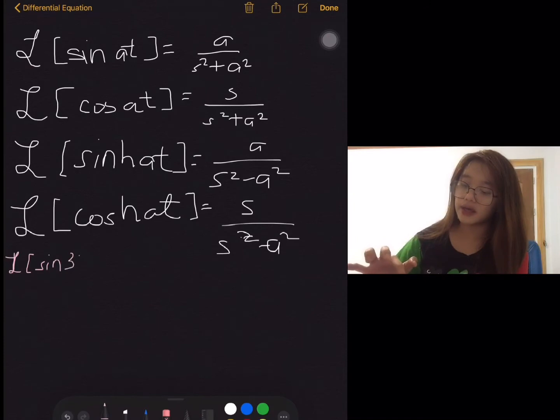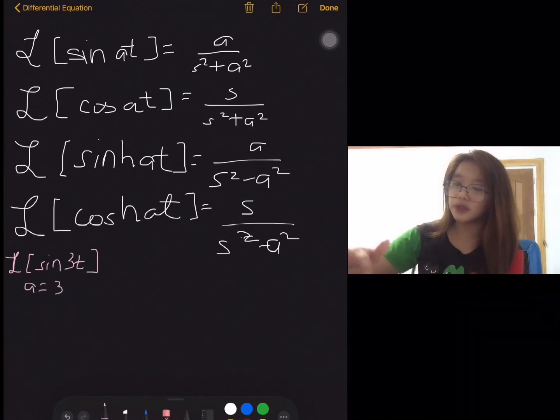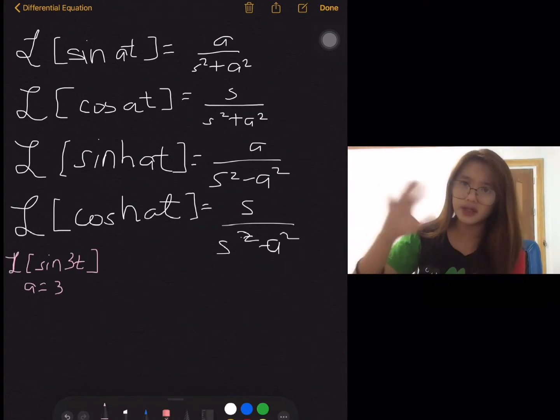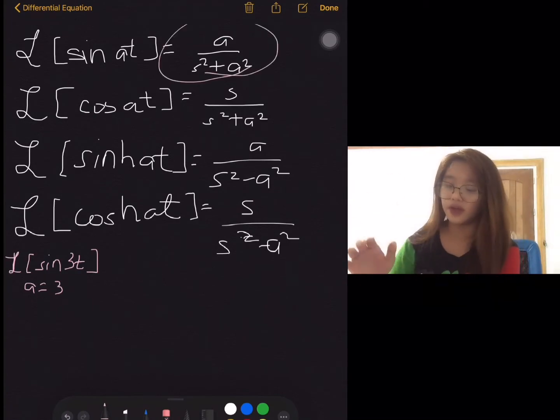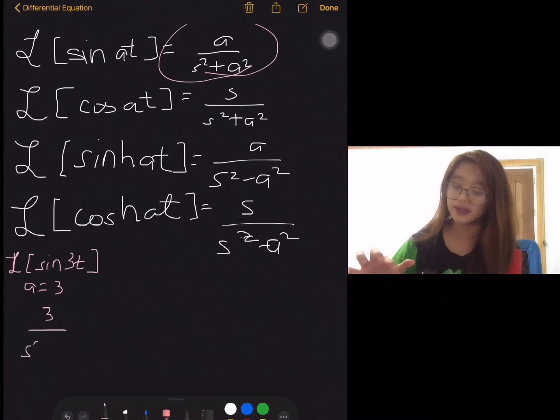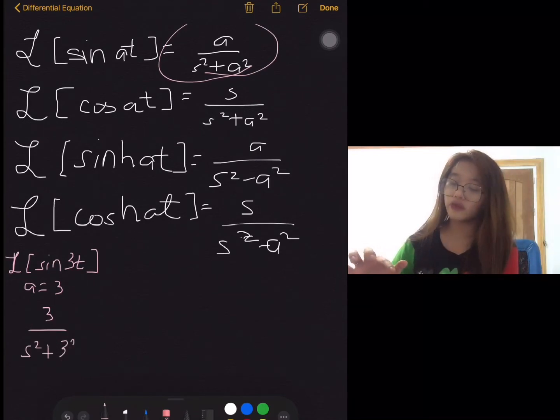So our a here is 3, right? Substituting, just using the given formula, we will arrive with 3 over s squared plus, our a is 3, so 3 squared. The Laplace transform of sine 3t is equal to 3 over s squared plus 9.